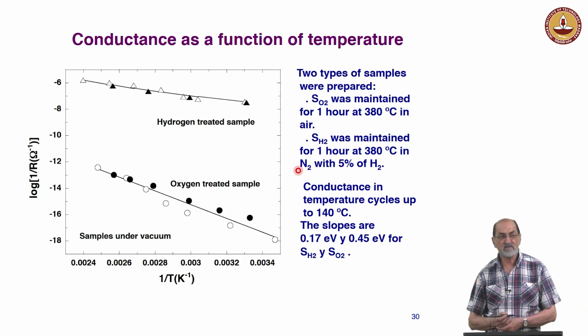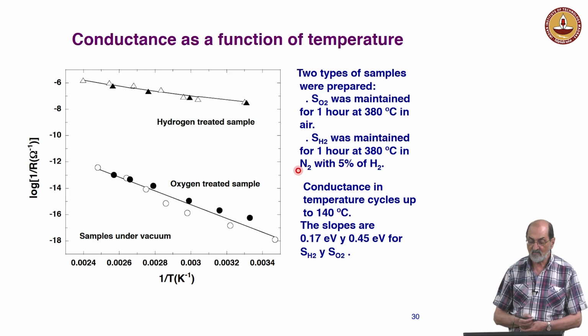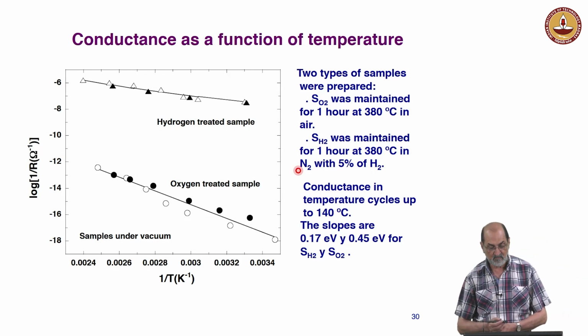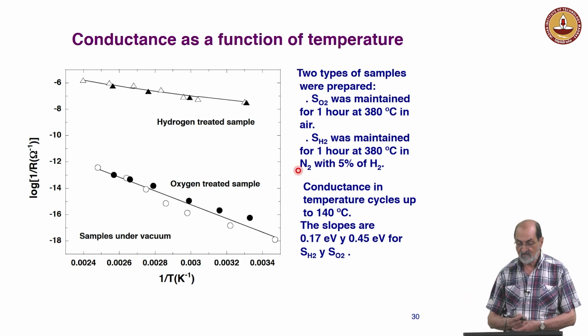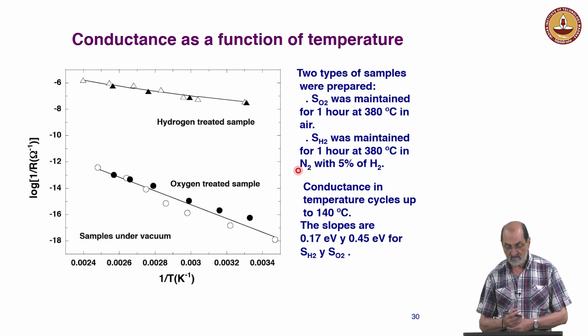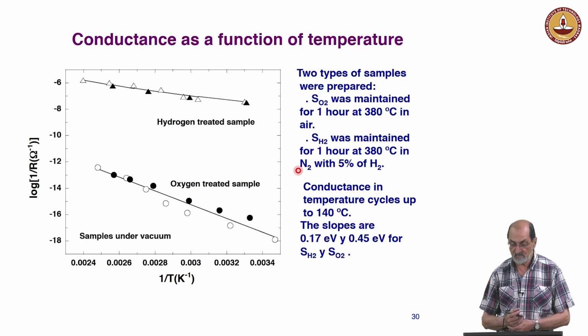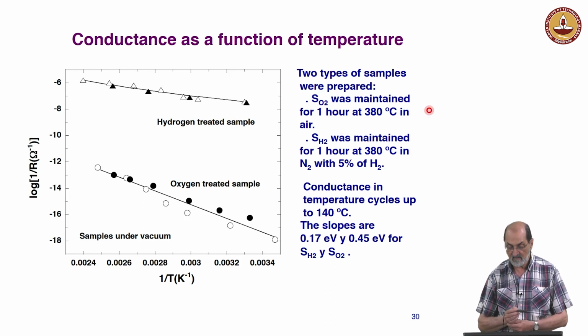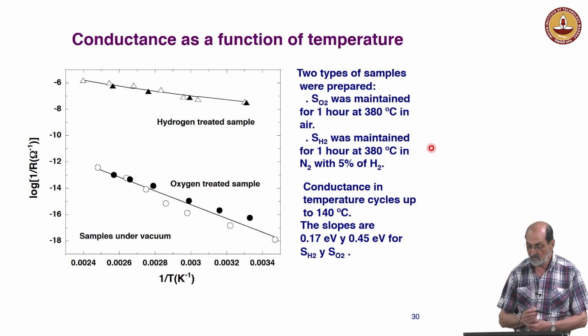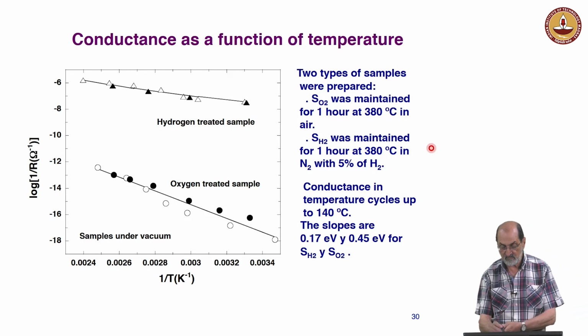So the samples were essentially prepared in the same way, but after the preparation, we did what I have just told you. The sample we call O2 was maintained for an hour at 380 C in air, and the sample we call SH2 was maintained for an hour at 380 C in nitrogen with 5% hydrogen.